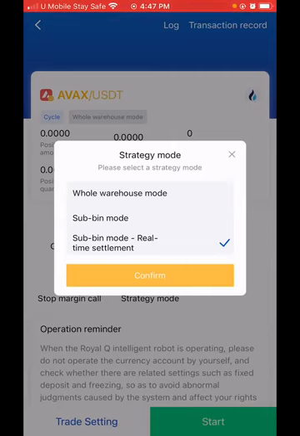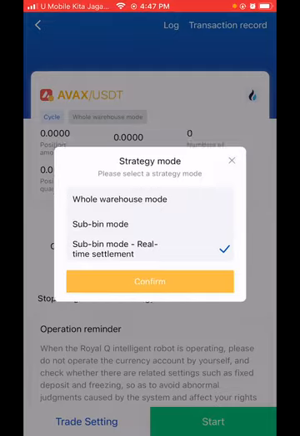So that's why we select the real-time settlement, meaning do the settlement right now. Don't wait until the whole market closes with profit before you take the 20% for fee and show me my record. Do it right away while you trade. Then you go ahead and click confirm.